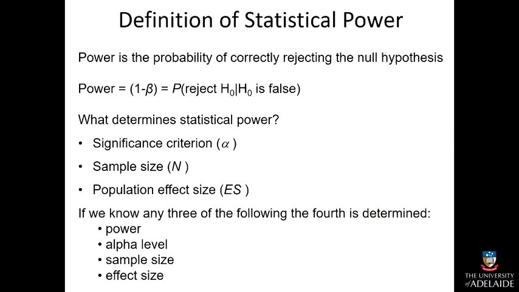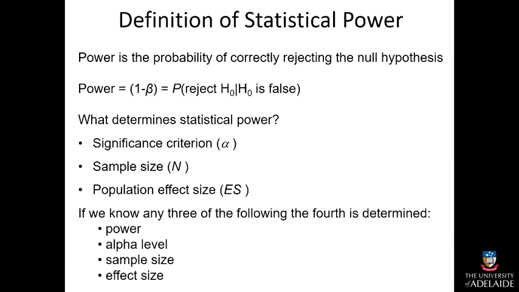Why is that? Well, this system of power, the alpha level, the sample size, and the size of the effect in the population are related to each other such that if you know 3 of them, the 4th one is defined for you.